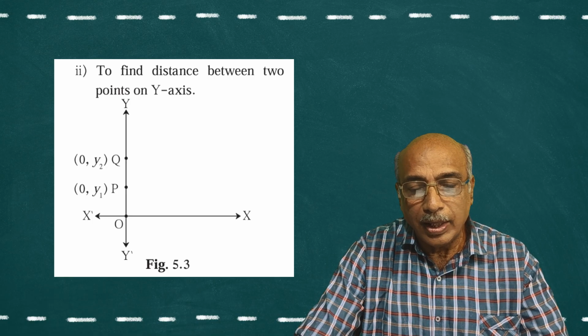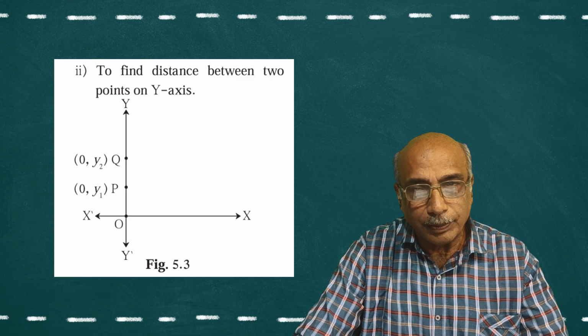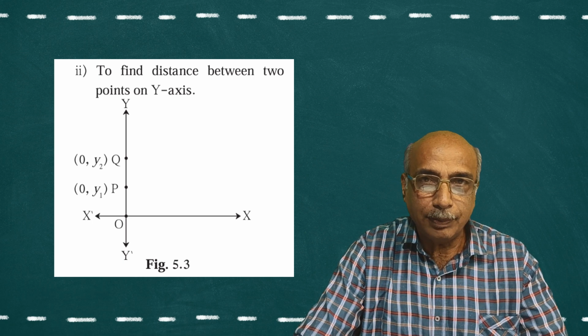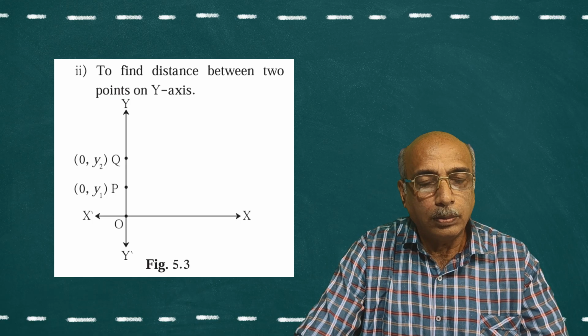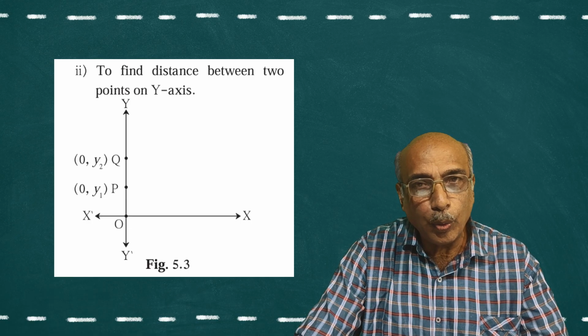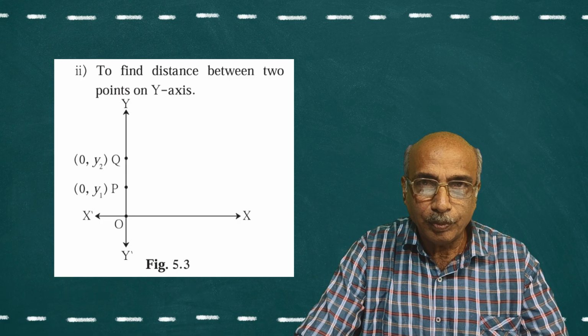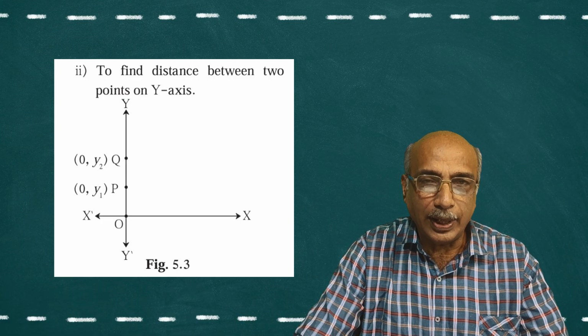Next, in this figure, if I see the points on y-axis, P and Q. On y-axis, coordinate of P is (0, y1) and Q is (0, y2). All the points on y-axis, its x-coordinate will be 0.